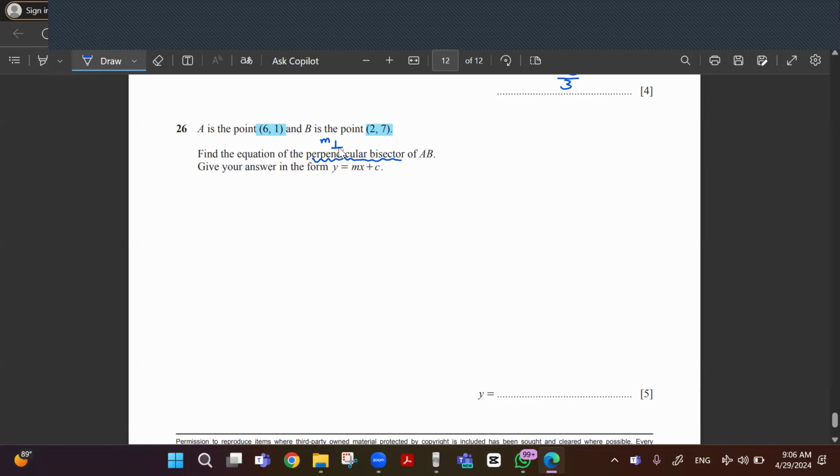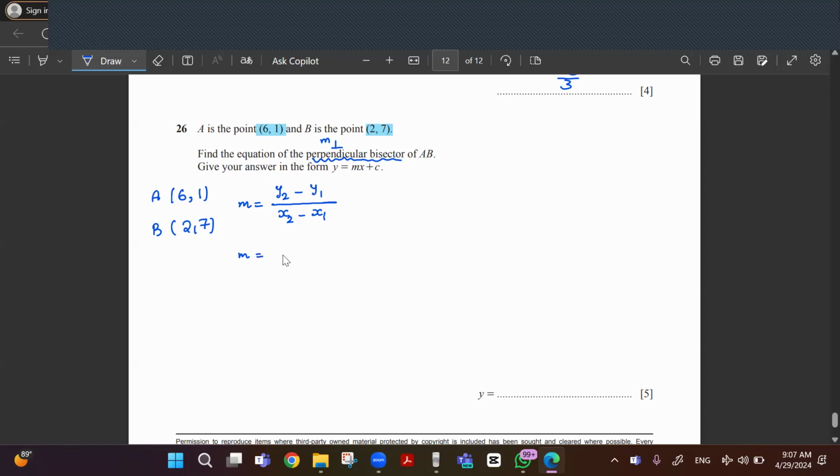Get what? The usual. So I have these 2 points, (6, 1) which is A, and B (2, 7). What is the rule of the gradient? y2 minus y1 over x2 minus x1.